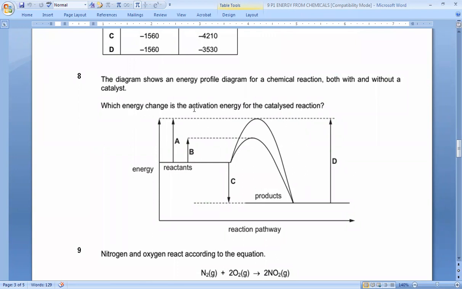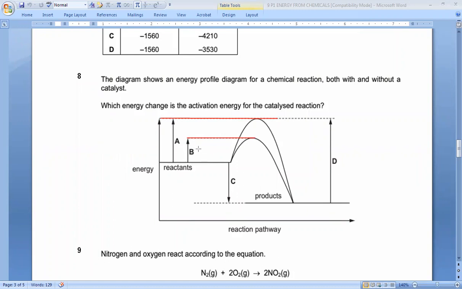So which energy change is the activation energy for the catalyst reaction? Listen, A is without catalyst, the long path, while B is the short path, the conversion of reactant into product directly. Which is the shortest path, A or B? B is the short path against A.